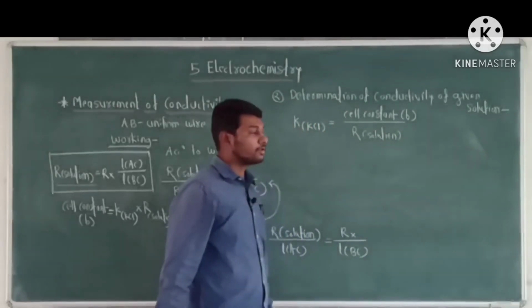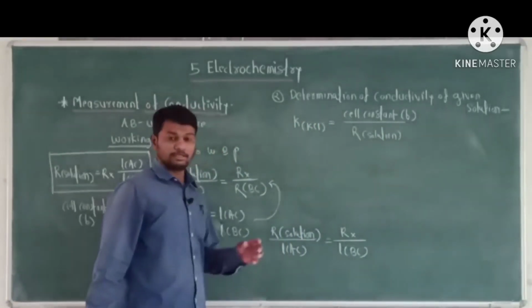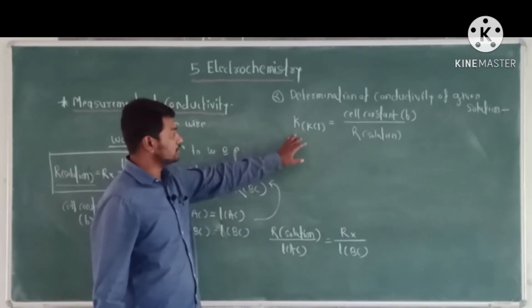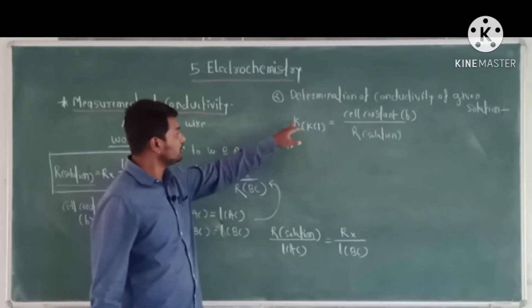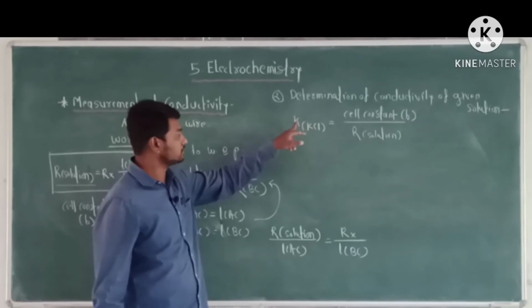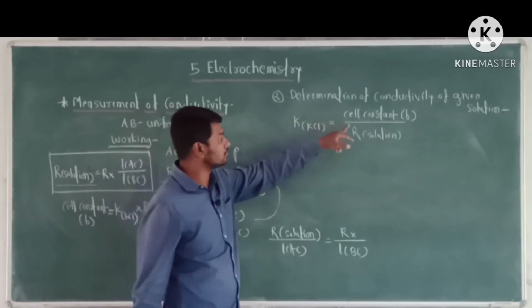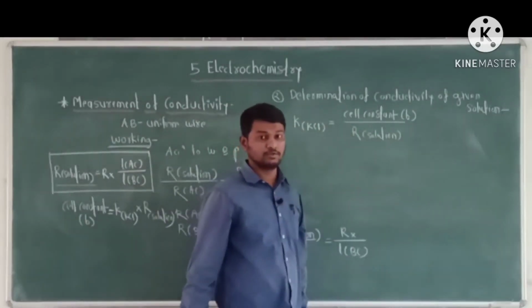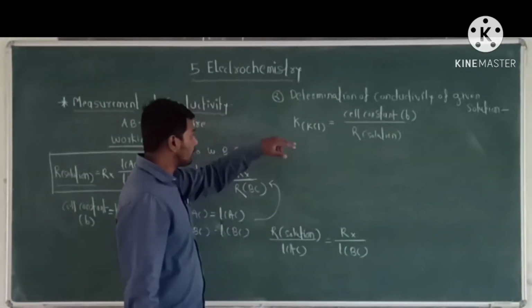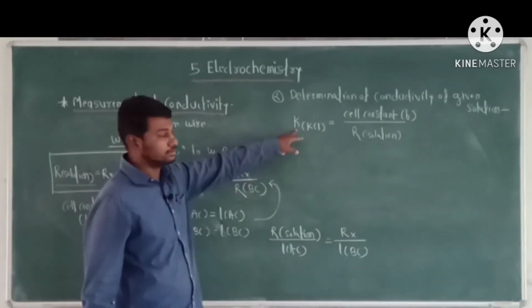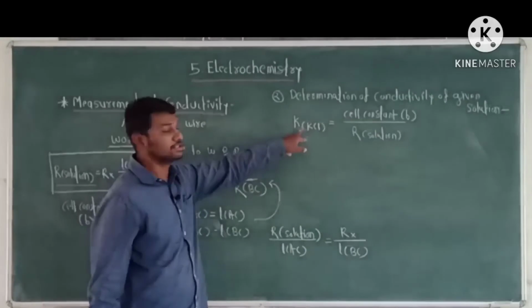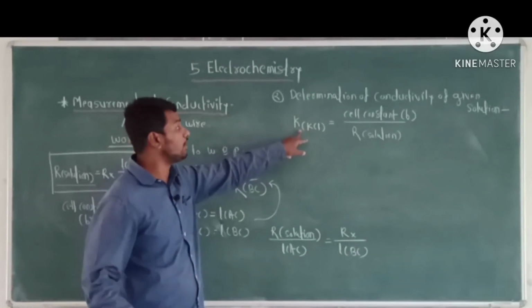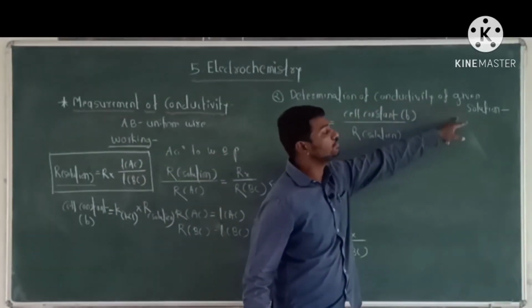Now the conductivity of a KCl solution is determined with the help of this equation, that is conductivity of KCl is equal to cell constant divided by resistance of solution. This conductivity of KCl solution is replaced by the conductivity of the given solution.